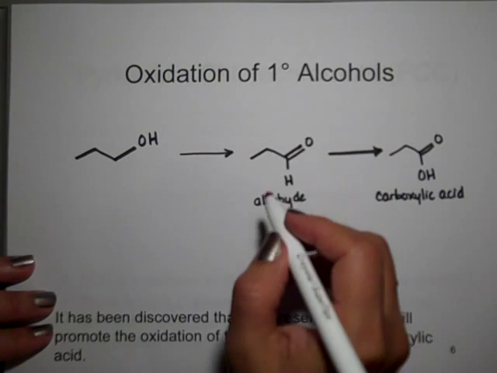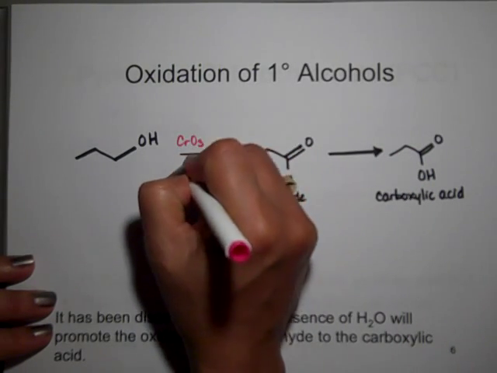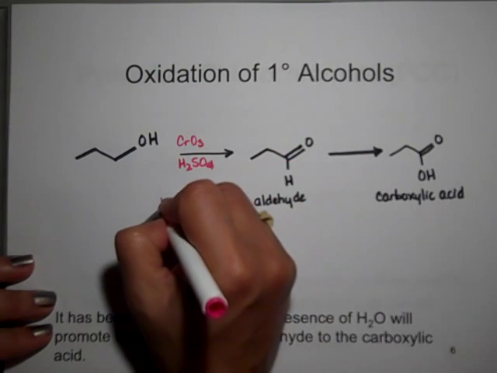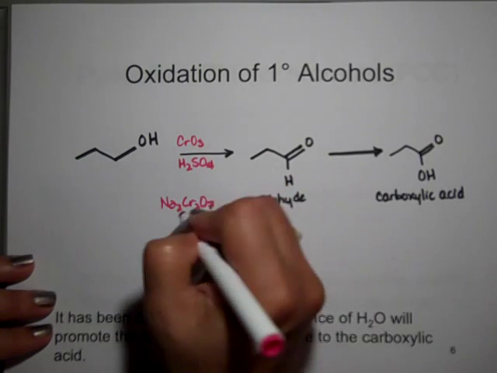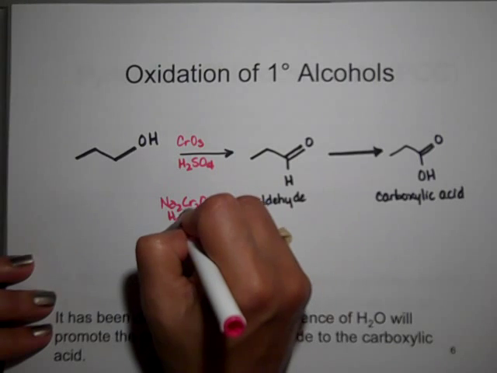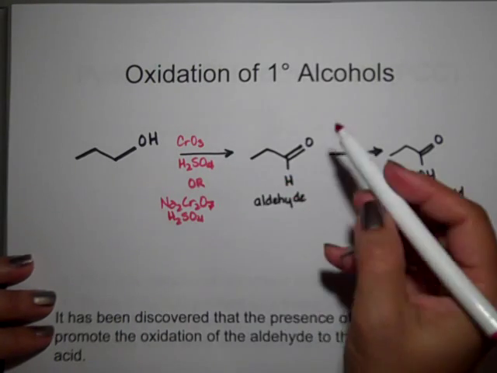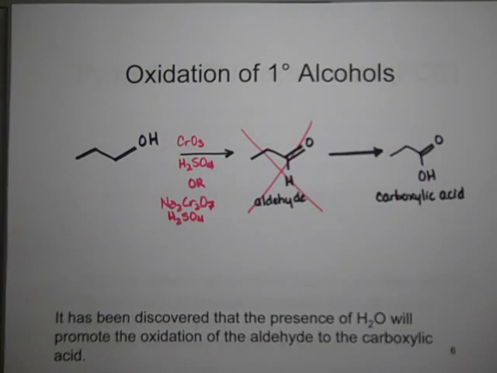Okay, so the deal is, if you add chromium trioxide and sulfuric acid, or if you add the potassium or sodium dichromate in sulfuric acid as well, one or the other, you will not be able to isolate the aldehyde.